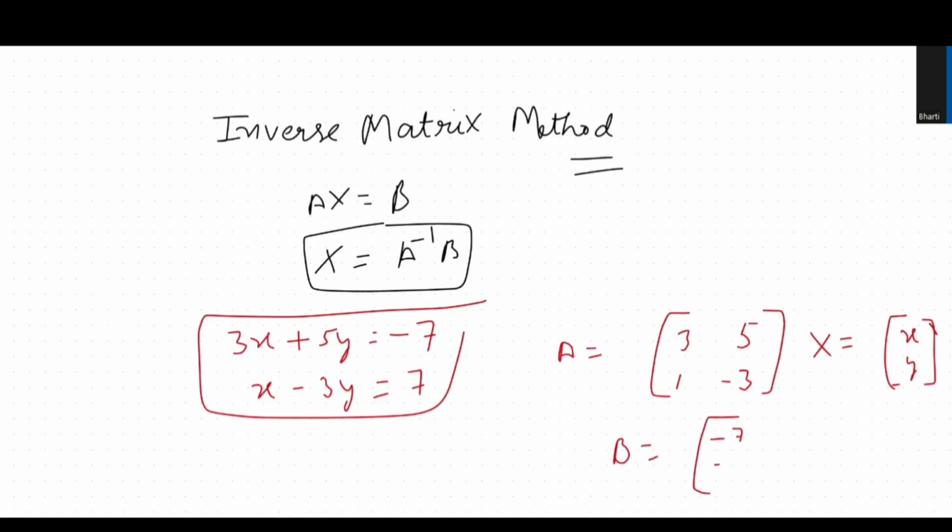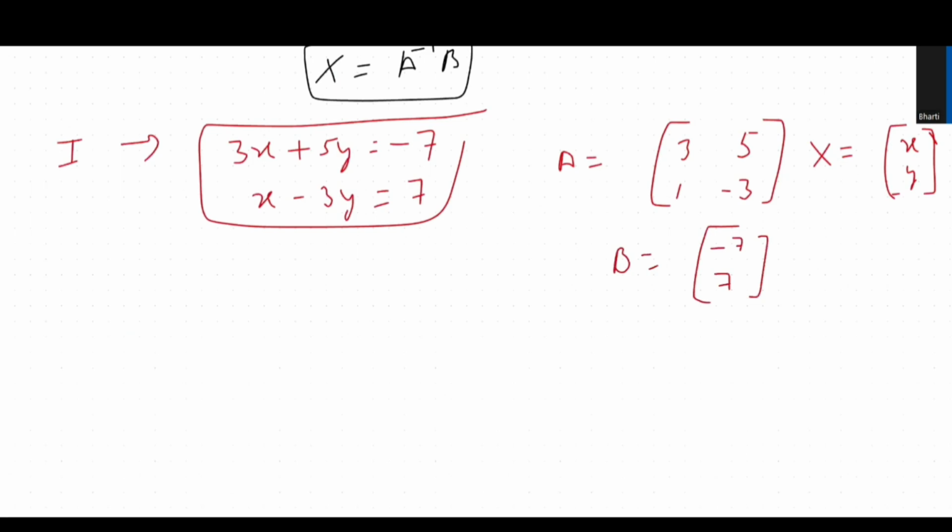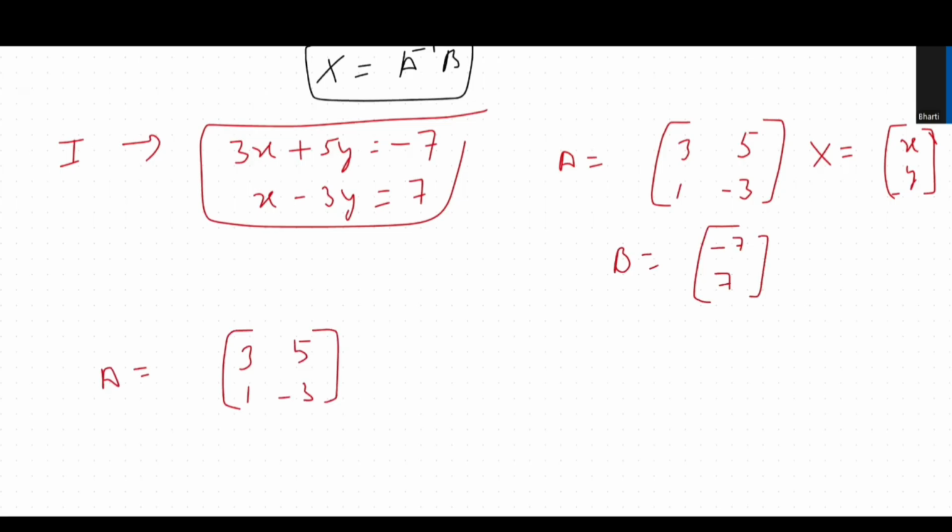So now this is about the first step, and next we have the second step, in which we need to find the inverse of A. To find the inverse of A, we need to calculate the determinant. So how can we do that? A is a 2 order 2 matrix, right? We have 2 rows and 2 columns here.